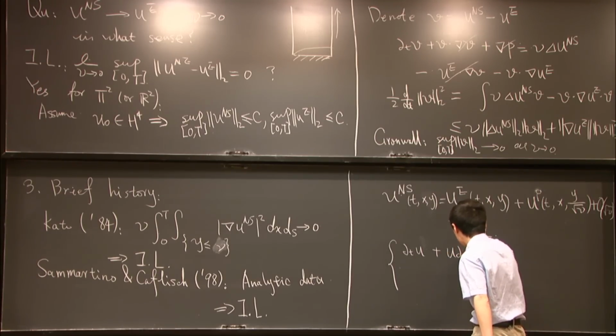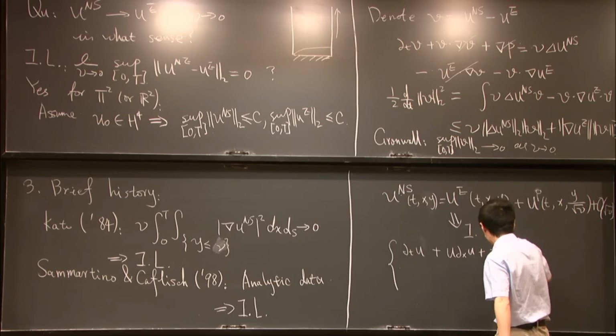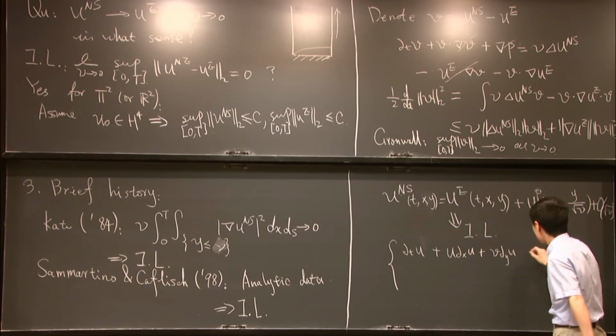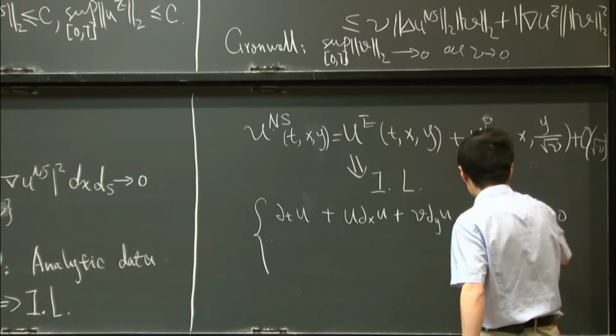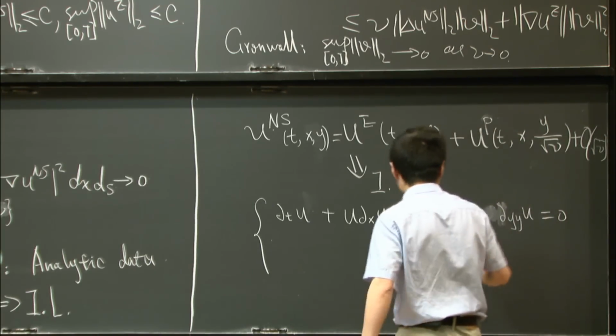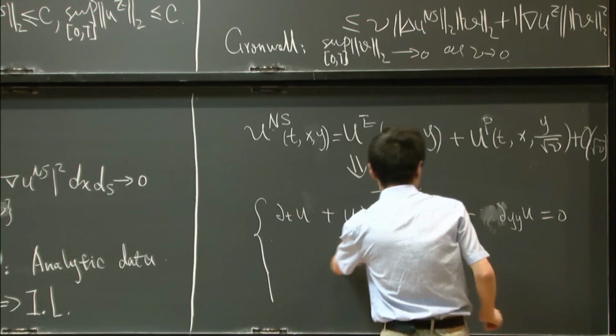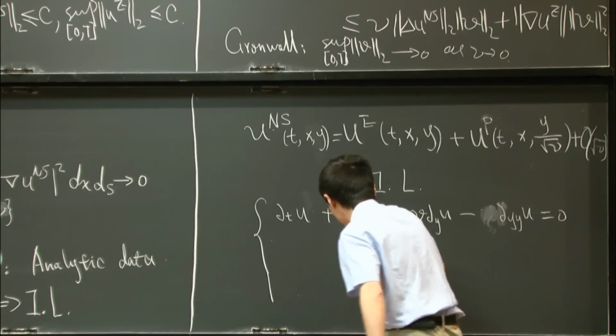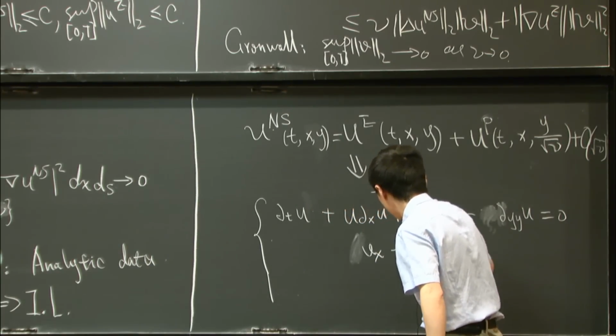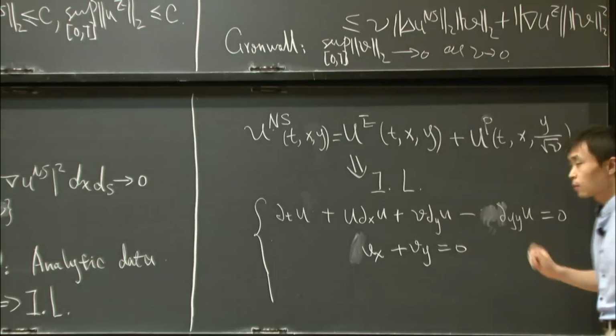So ∂x u plus v ∂y u minus ν ∂yy u equal to 0. So that's the Prandtl equation, and you have this divergence-free condition, which means ∂x u plus ∂y v equal to 0.